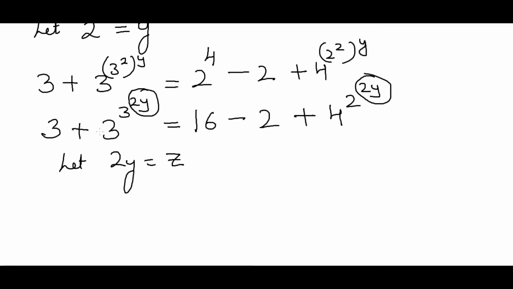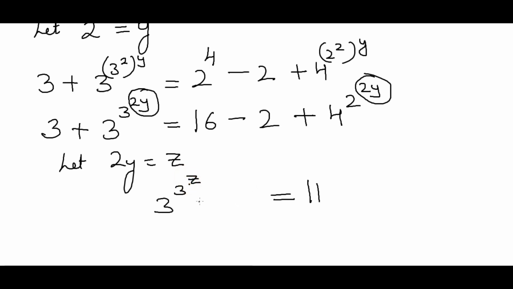3 will go to that side as negative, so we get negative 5 totally. 16 minus 5 is going to be 11. So what I got on this side is 11. Now this side we talk about 3 and its power is 3, and the power 2y is changed to z. Correct. So we got this.